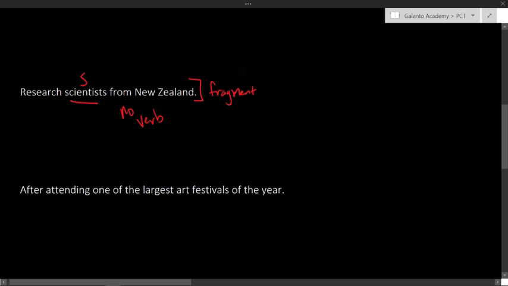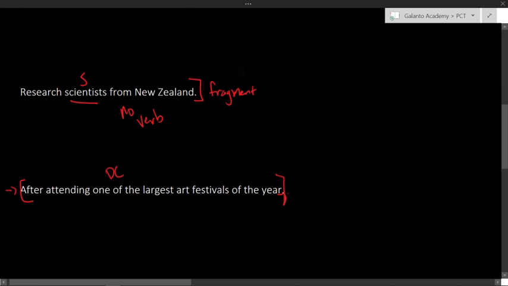It's a fragment. So looking at the next one, after attending one of the largest art festivals of the year, this one's a little bit trickier because we have a verb, we have some nouns in here, but again, you're not going to find your subject in a dependent clause, and this is acting as what's going to be an introductory element.